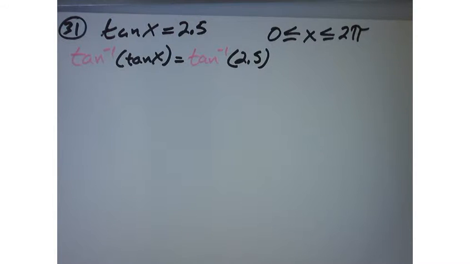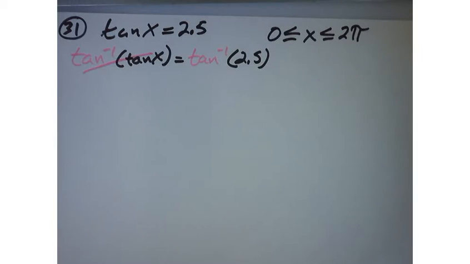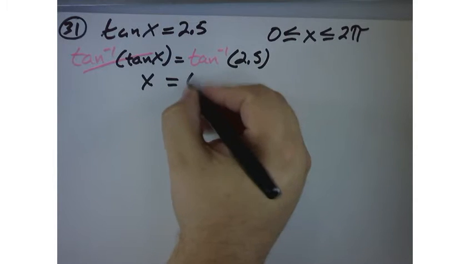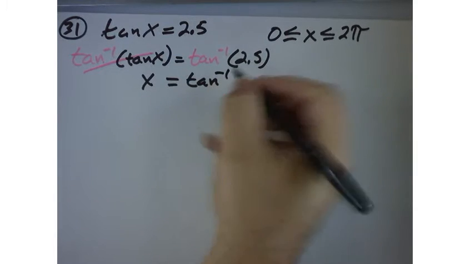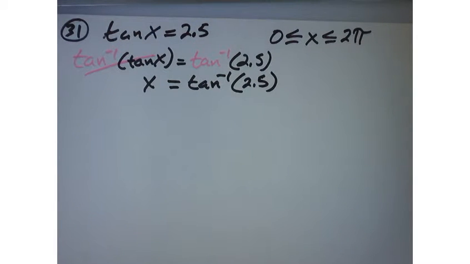It sounds funny, but they cancel each other out basically is what I'm trying to say. And so on the left hand side you're left with x, and on the right hand side you're left with tangent inverse or arctan of 2.5.